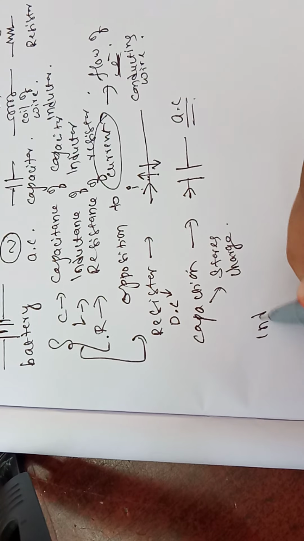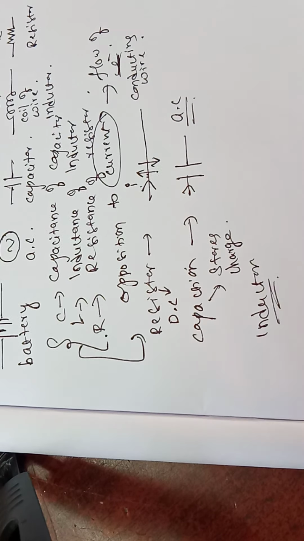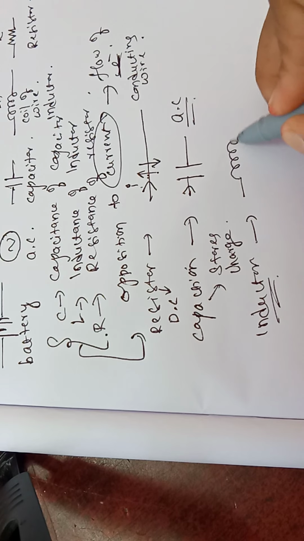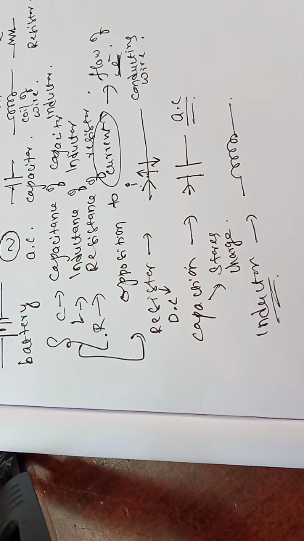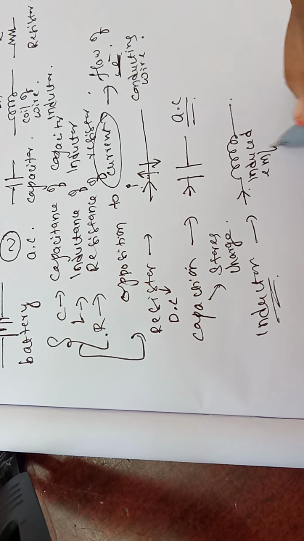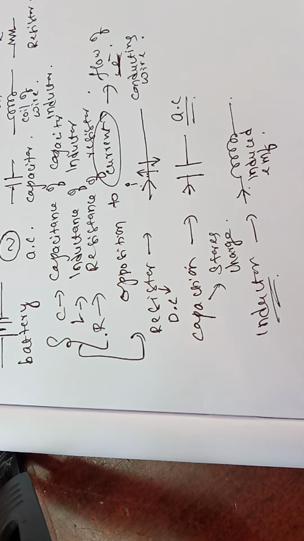Now the next one, the inductor. How does the inductor oppose the AC current? An inductor is nothing but a coil of wire. When current passes through the inductor, an induced EMF is generated in it.